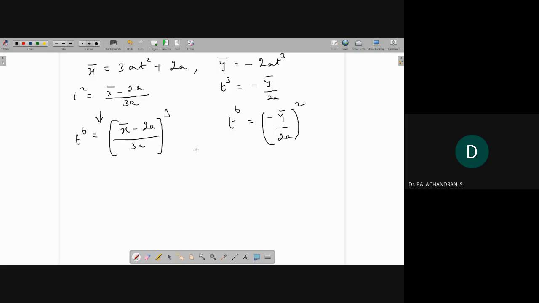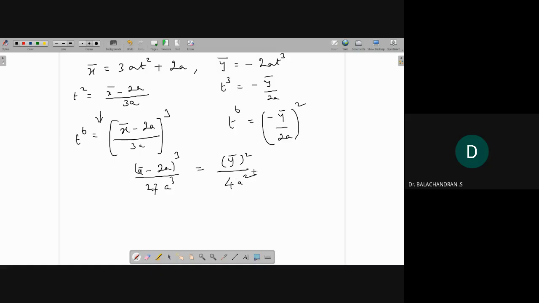The left hand side is the same, so you can equate the right hand side. From this we have x bar minus 2a whole cube divided by 27 a cube, equal to y bar square divided by 4 a square.